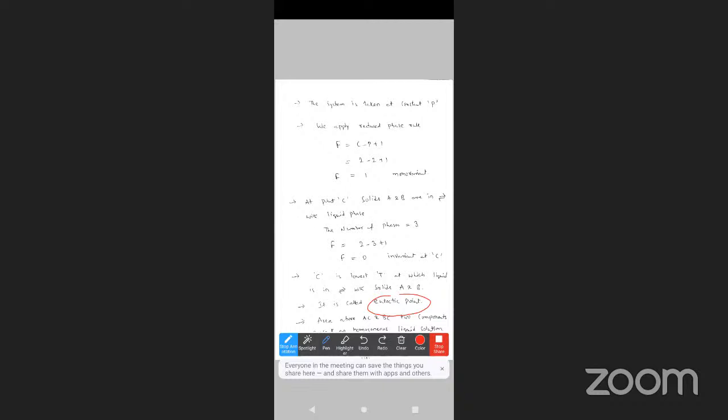It is the lowest temperature at which liquid is in equilibrium with both A and B solids, the two components. That is called the eutectic point. Eutectic means easily melted.